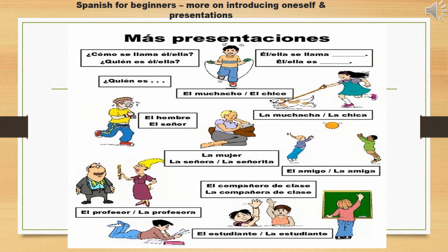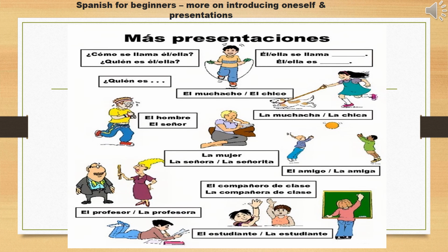Or él se llama Juan. Ella se llama Aurelia. So remember that you can use both of them. You can use él se llama o él es, o ella se llama o ella es.